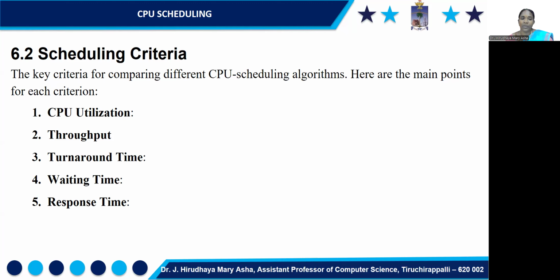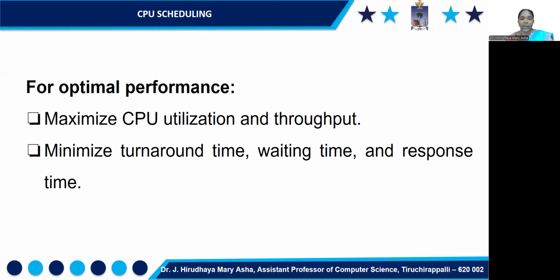These are the 5 criteria. From that, CPU utilization and throughput should always be high. That means the CPU should be utilized in a maximum way, so that more instructions are executed in a given unit time. The turnaround time, the waiting time, and the response time should be minimized.